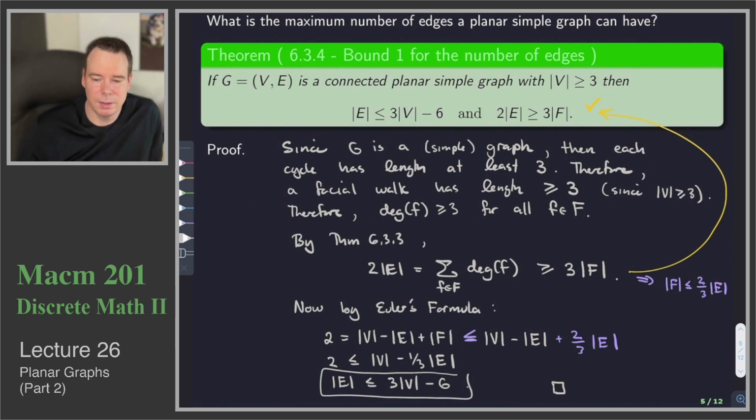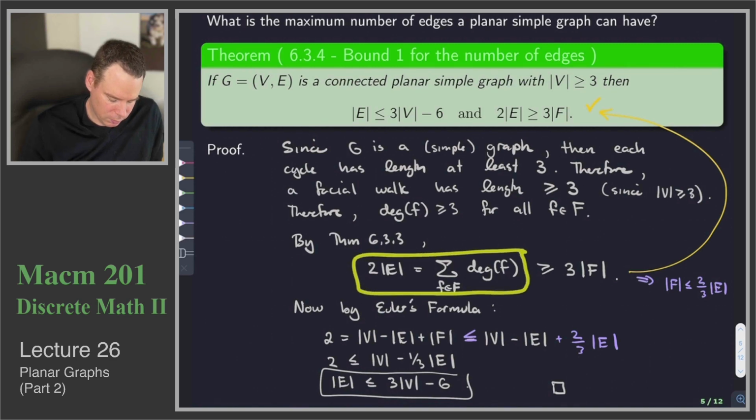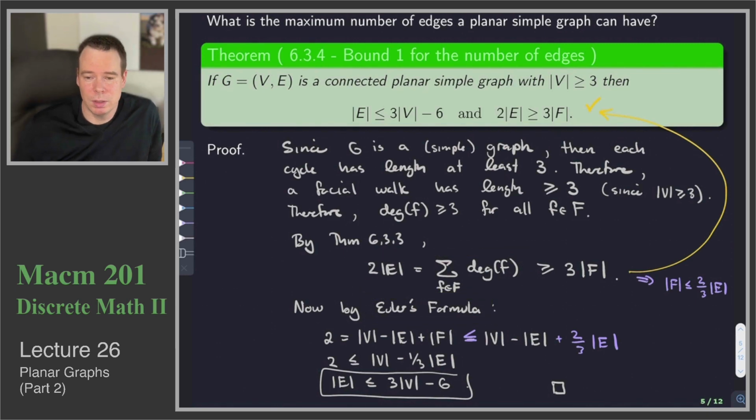The size of the edge set is at most 3 times the number of vertices minus 6. And it followed from the degree sum formula for the degree of the faces and Euler's formula. So those two things brought together, those two properties of planar graphs brought together, gives us this property of planar graphs.